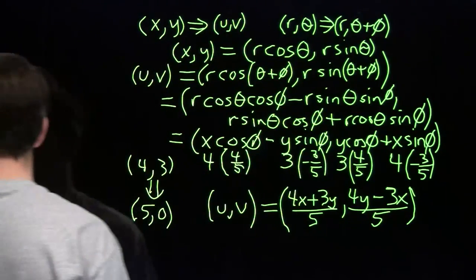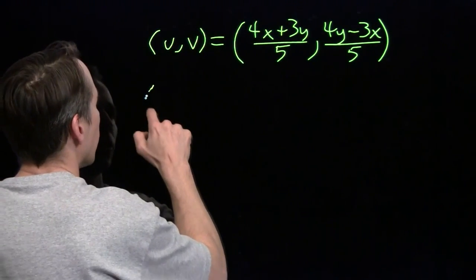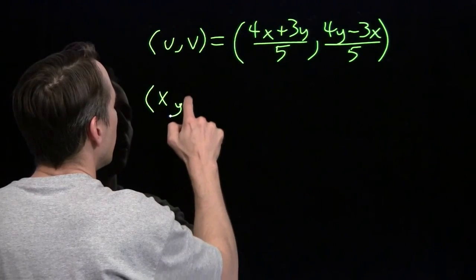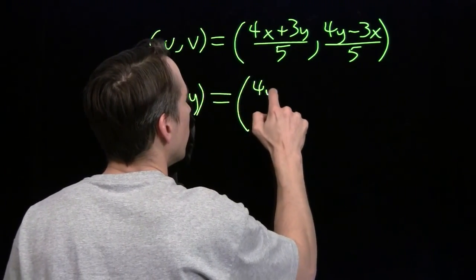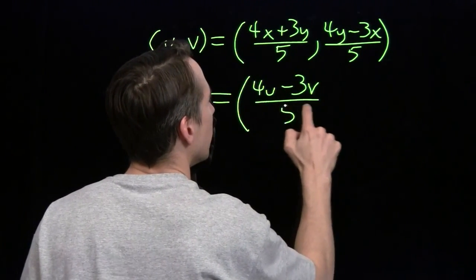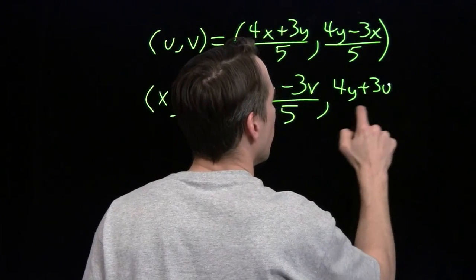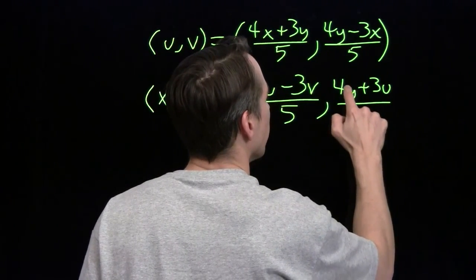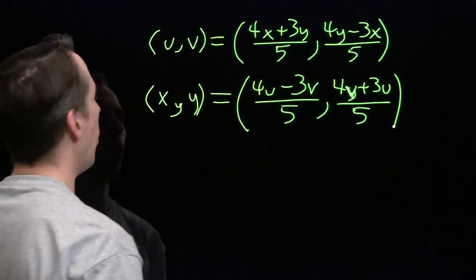I need to just flip the signs on the 3's to run this thing backwards. To get x, y out of u, v, we flip the signs, and that is how we'll run it back. We'll go from u, v back to x, y.